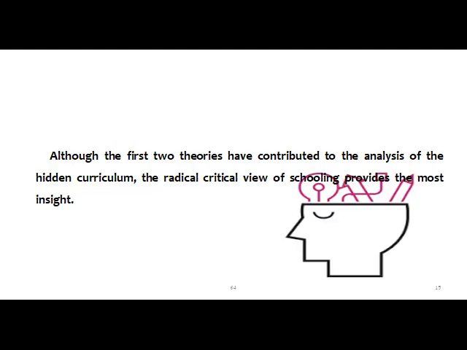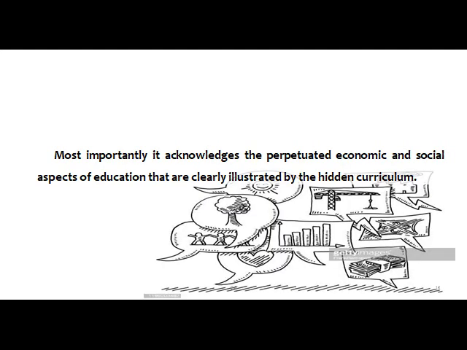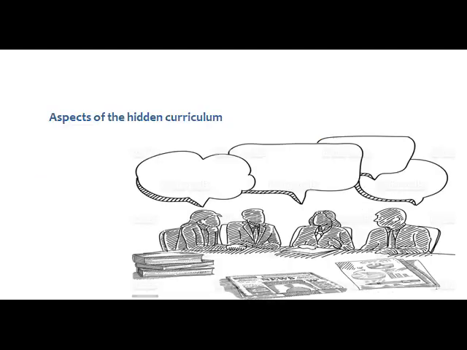Although the first two theories have contributed to the analysis of the hidden curriculum, the radical critical view of schooling provides the most insight. Most importantly, it acknowledges the perpetuated economic and social aspects of education that are clearly illustrated by the hidden curriculum.